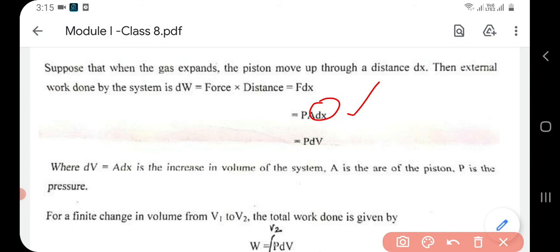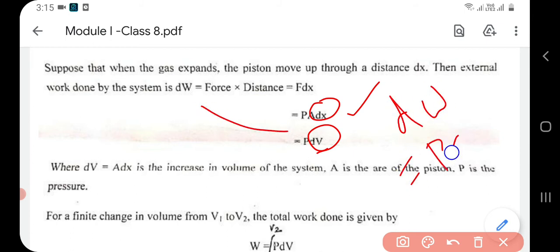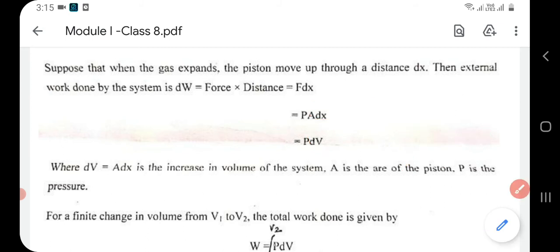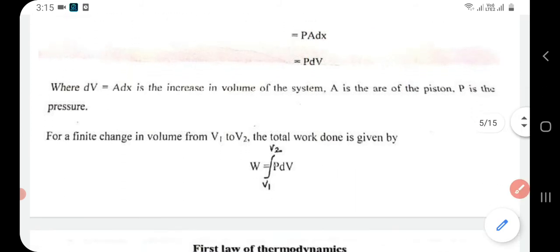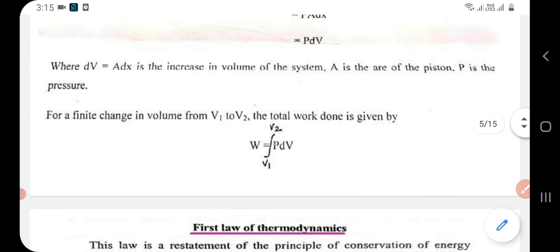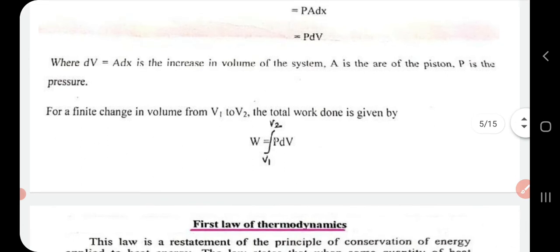So A dx can be replaced by dV, that is the increase in volume. So dW, or work done, is equal to P dV. Now suppose that there is a change in volume from V1 to V2, then in order to understand the total work done, we have to integrate from initial volume V1 to the final volume V2. So total work done W will be equal to the integral from V1 to V2 of P dV.